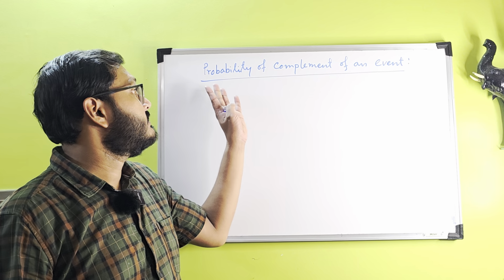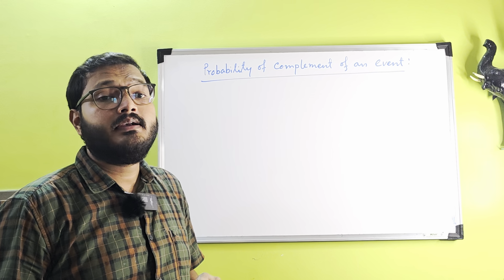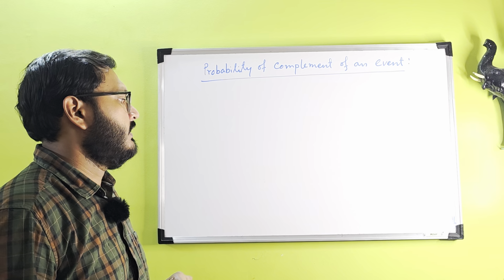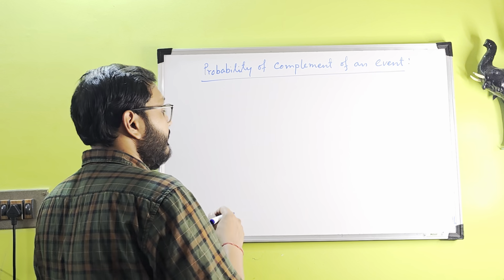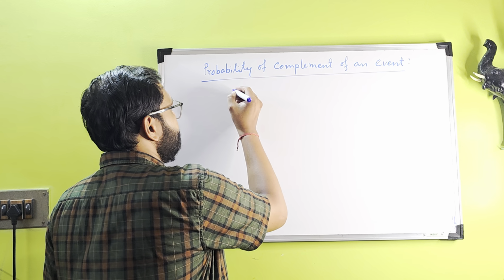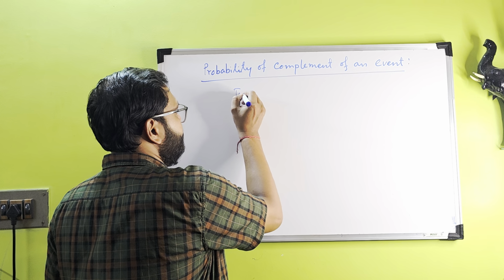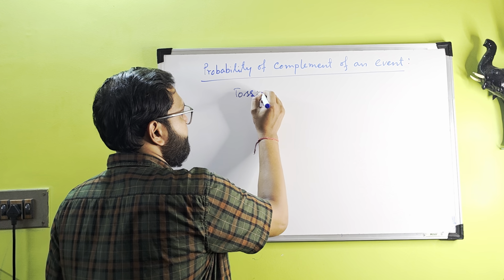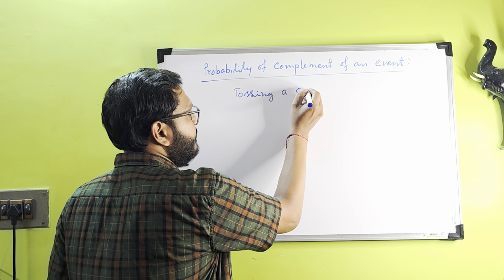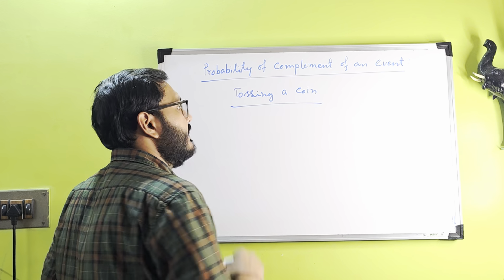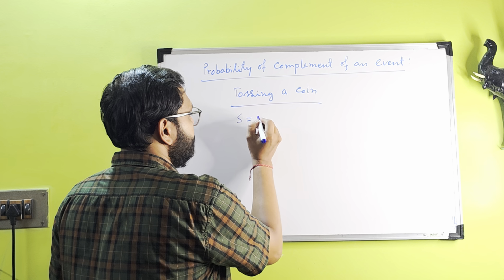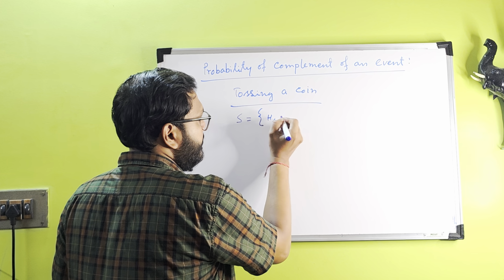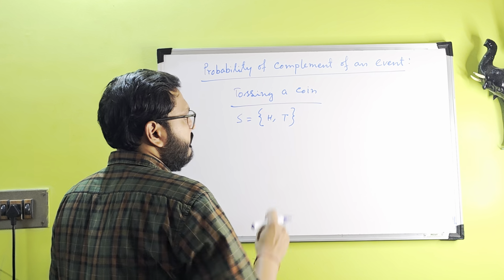Now we will study the probability of the complement of an event. Let us take a sample space for a random experiment, tossing a coin. What is the sample space? The sample space is head, tail.